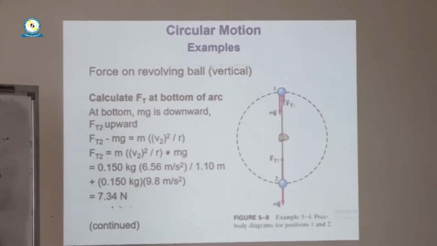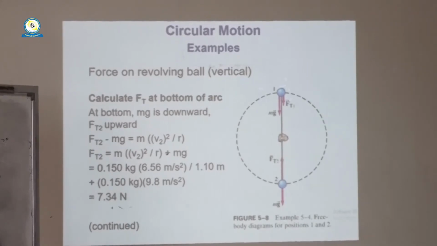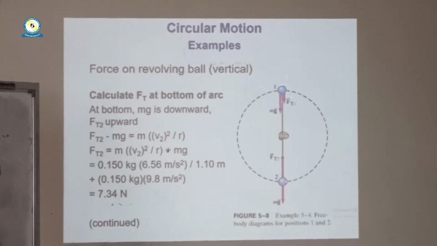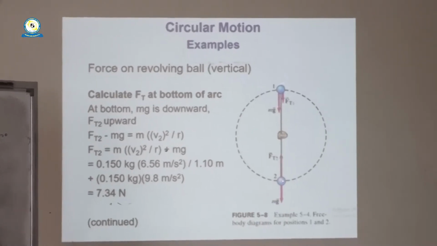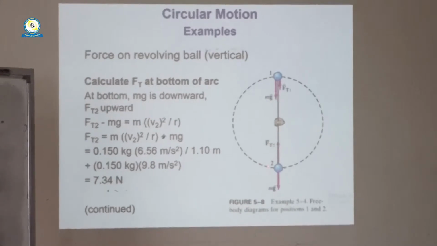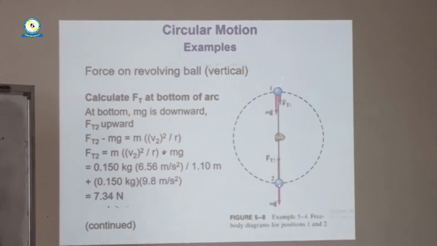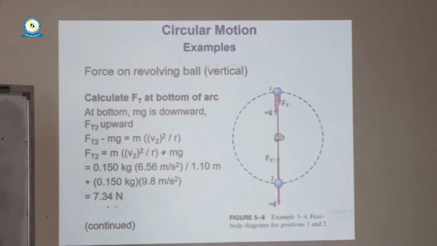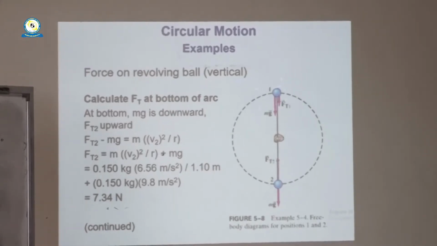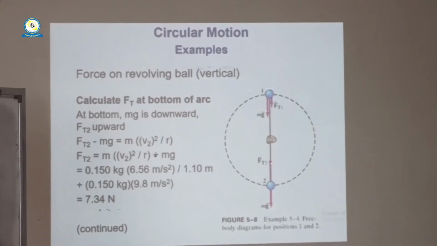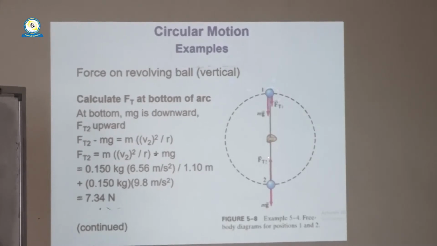At the bottom of this circle, the ball is here. Considerations now. At the bottom, mg is downward. Mg is downward always. Ft, tension, is upward, because the center of the circle is there.